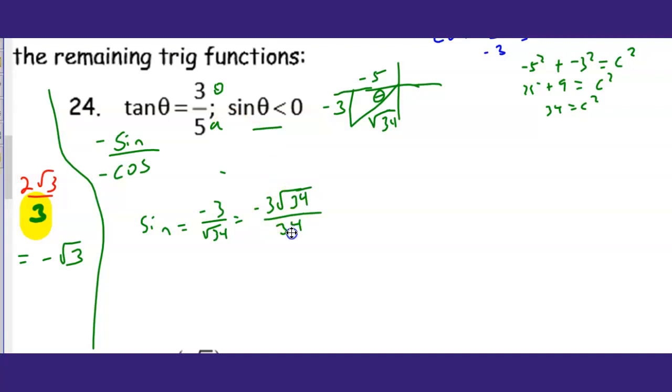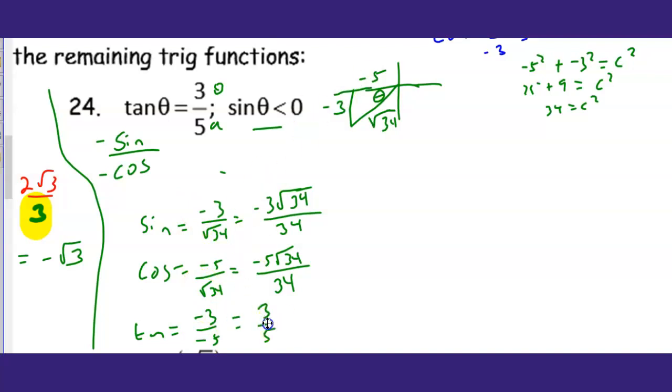Cosine is -5 over square root of 34, which we rationalize. Then tangent, -3 over -5, opposite over adjacent, which is a positive 3 over 5.